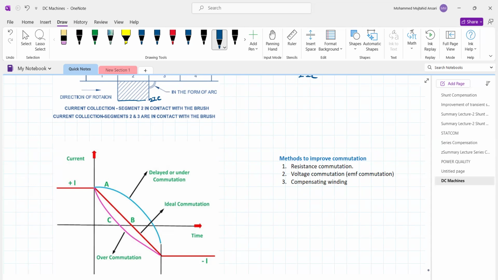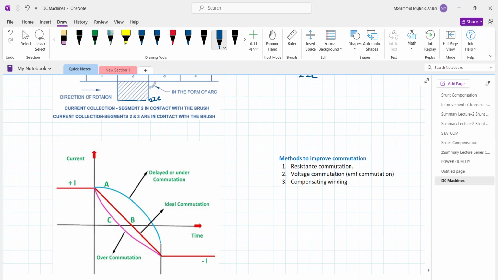But if there is a delay because of the self-inductance of the coil, because inductance is just like inertia in an electrical circuit, it avoids changing the current. If the current is increasing, it tries to oppose the increase in current. Similarly, if the current is decreasing, it tries to oppose the decrease in current.